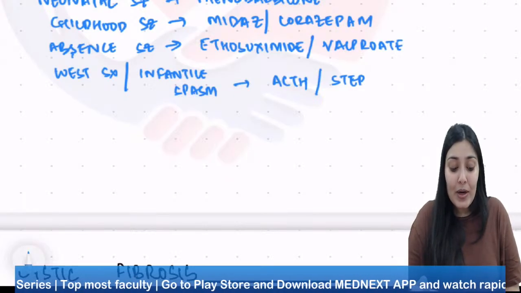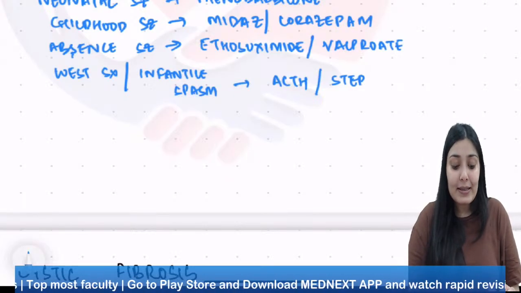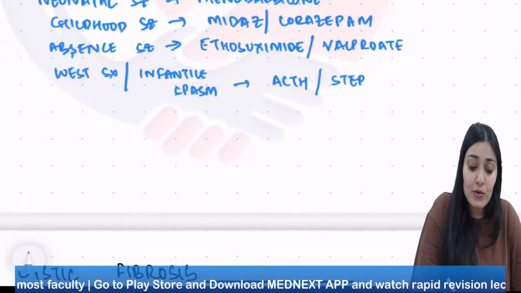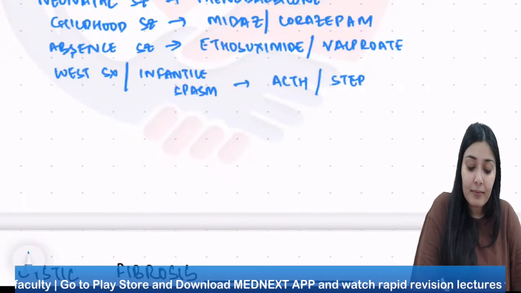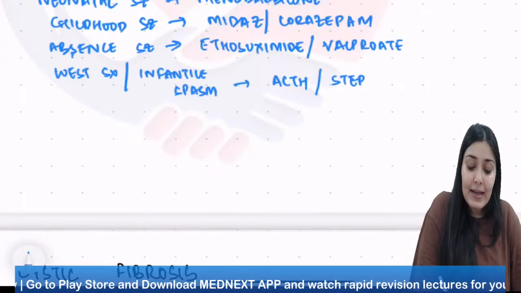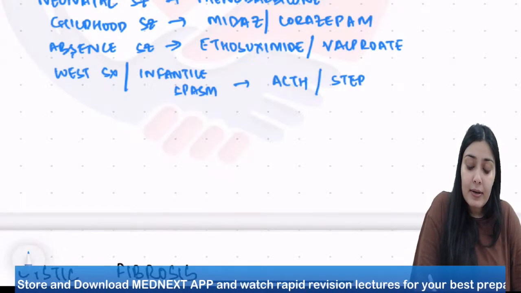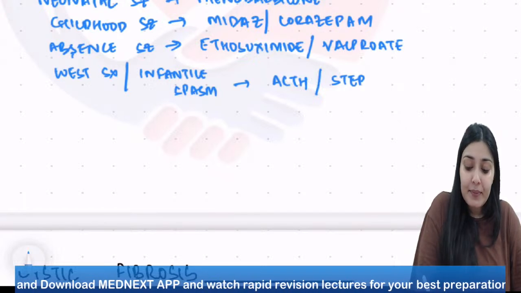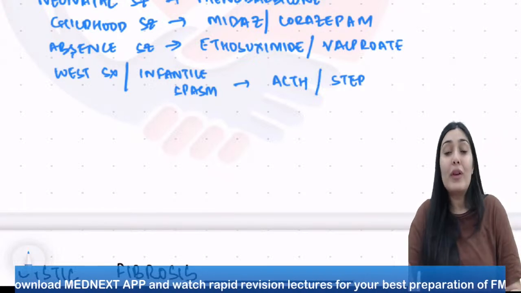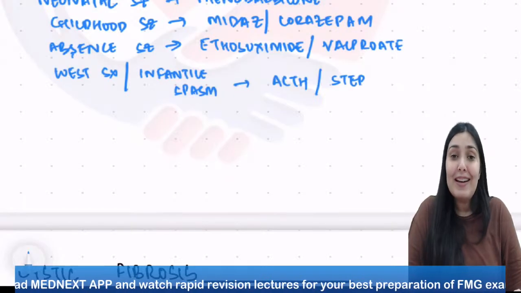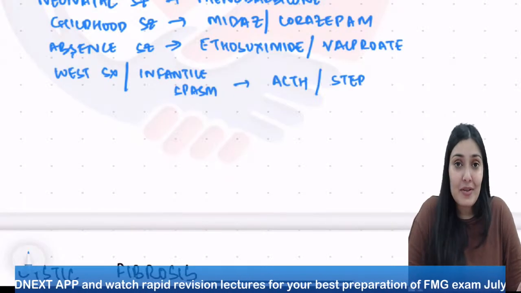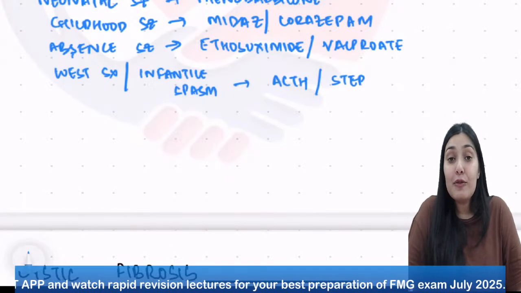Moving down to the next question, congenital hypertrophic pyloric stenosis. Again, an overlap topic with surgery and also important in pediatrics. It is most commonly seen in firstborn males.